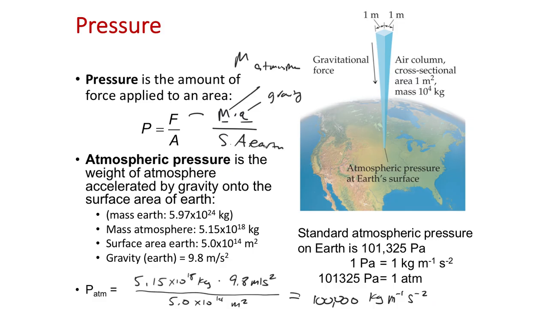The Pascal is the SI unit of pressure, which is a weird unit because we don't commonly use it, at least in chemistry class. But standard atmospheric pressure is precisely defined as 101,325 Pascal, where the Pascal is simply the kilogram meter to the -1, second to the -2. And so the Pascal is our SI unit of pressure.